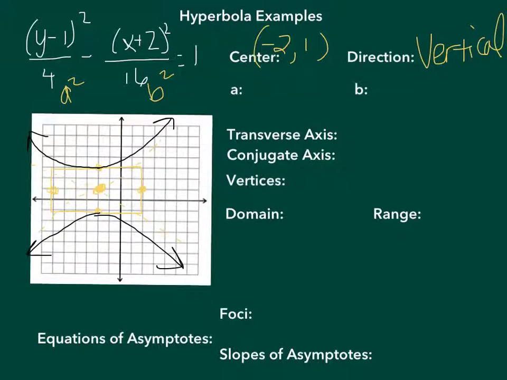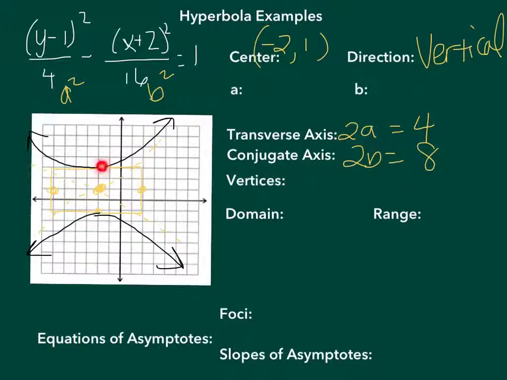Now, my transverse axis, that's in between the two vertices, and you could count it, that's 4, or you can remember it's also 2 times your A. And since my A is 2, then my transverse axis is 4 units long. My conjugate axis, that's here to here, it's also 2B, so that would be 8.